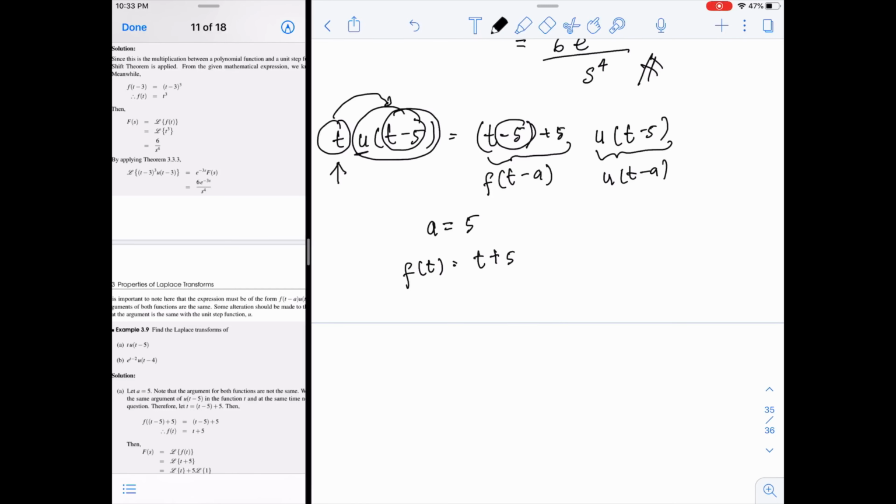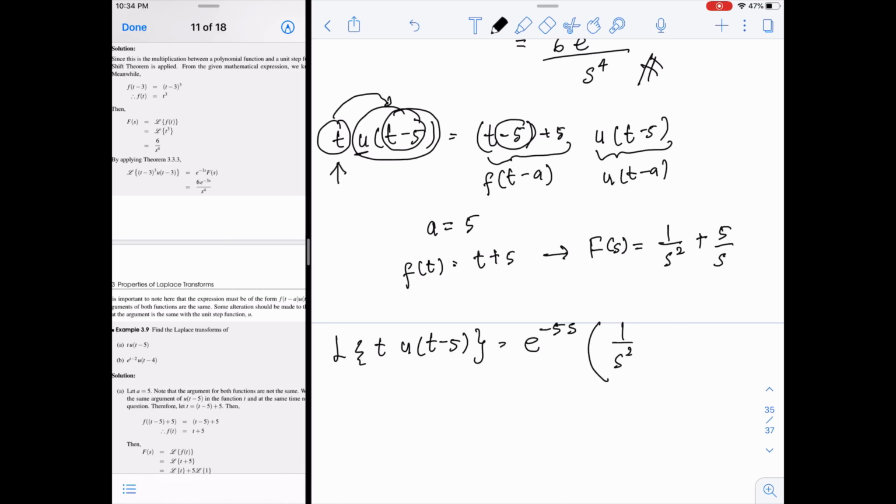So your final answer, for the Laplace of t times u of t minus 5, is the combination of exponent negative 5s, and then your F of s, which is 1 over s squared for the t, and 5 over s. You just combine it, so you will have 1 over s squared plus 5 over s. This is the answer for this equation.